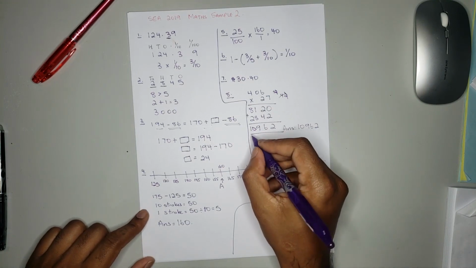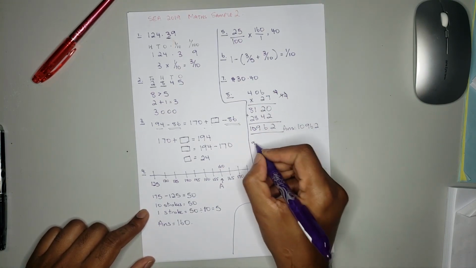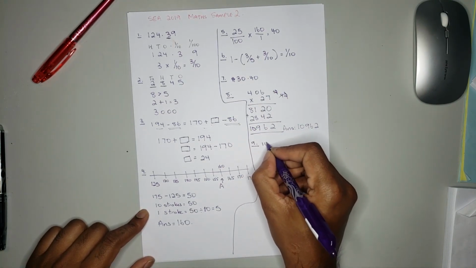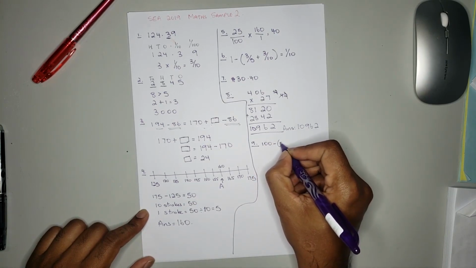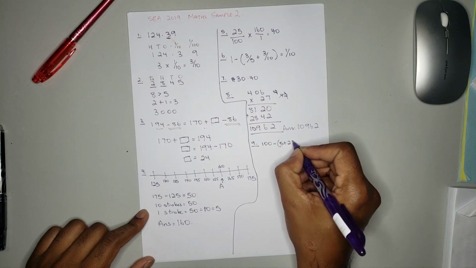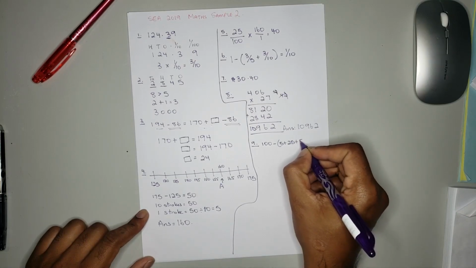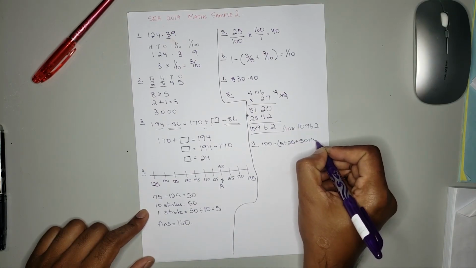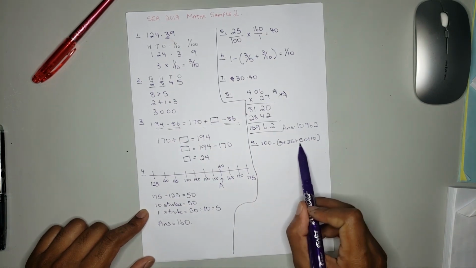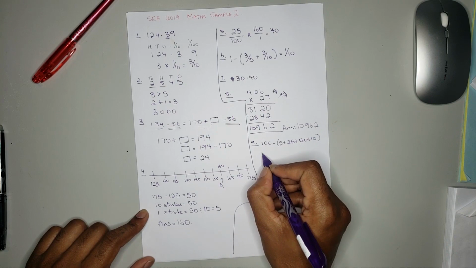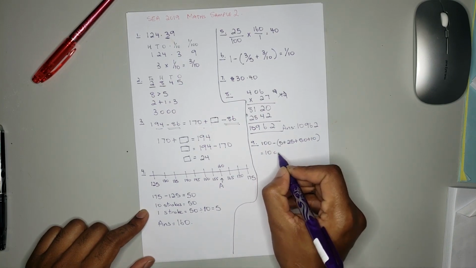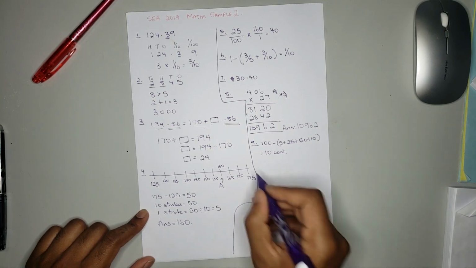To find out what the missing value is, it is 100 take away 5 cents plus 25 cents plus 50 cents plus 10 cents. So 25 and 50 are 75, 75 and 5 are 80, and 10 is 90. So therefore you are missing a 10-cent piece.